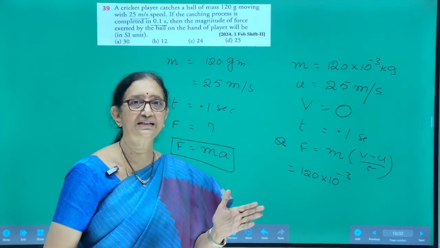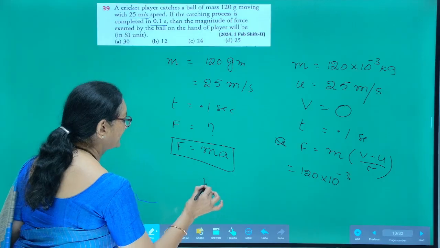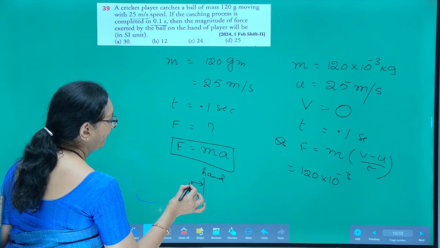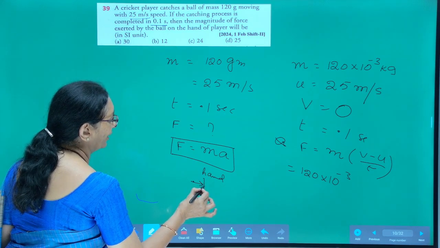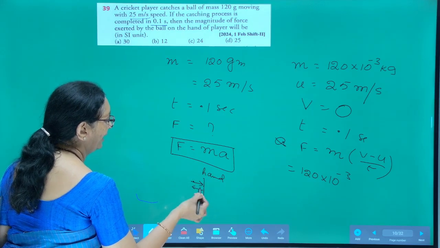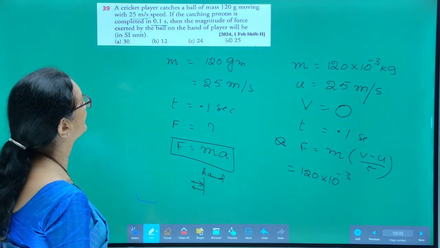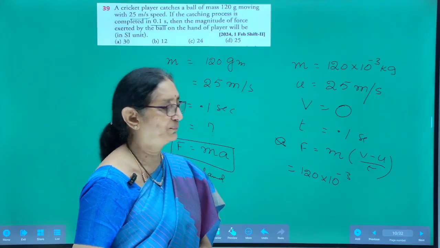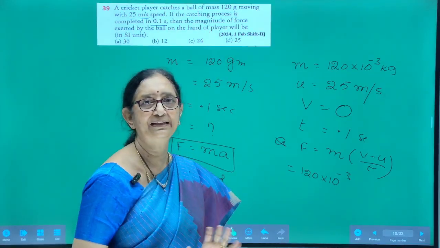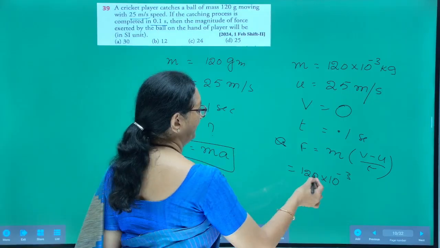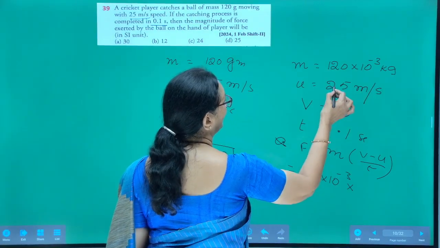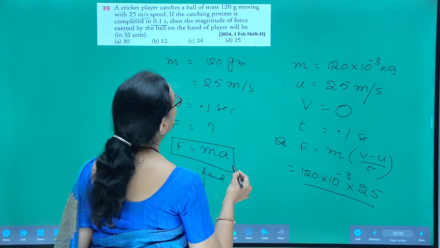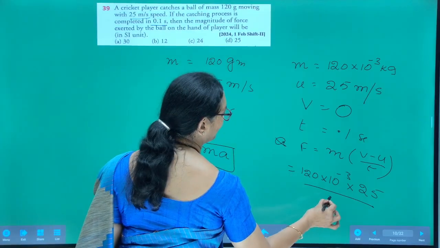Look here, suppose this is the hand, this is the ball. Force exerted by the ball on the hand will be in this direction, on the ball will be in the opposite direction. So, that opposite sign is included in the question. Simply we are supposed to find the magnitude of the force here. It is 120 into 10 power minus 3, velocity is 25 divided by time is 0.1.